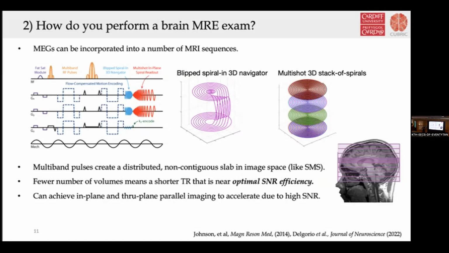Both in-plane and through-plane parallel imaging can be achieved due to the high SNR, and also phase error correction can be performed through navigator echo. These kinds of sequences are really important when the aim is to obtain high resolution displacement images, particularly on a 3T scanner. At the moment, we're looking at a resolution of 1.25 isotropic in approximately 10 minutes.